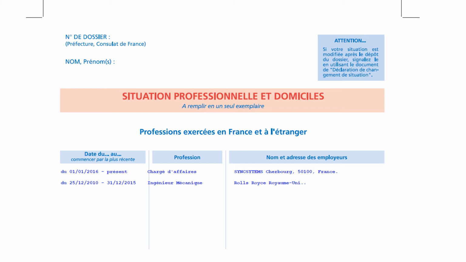Whether or not it's a full-time job, a part-time job, temporary, permanent, you're expected to provide that information. Talk about what position you held. This is a very, very important section. So this is the end of page 5.